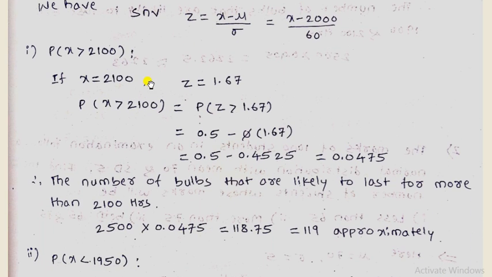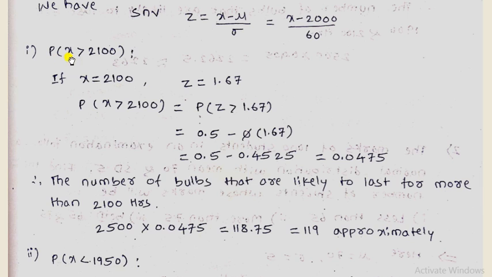So here x is greater than 2100 hours. Suppose 2100 is considered as x. Then substitute x equal to 2100 in the above formula, that is 2100 minus 2000 divided by 60, which gives z equal to 1.67.